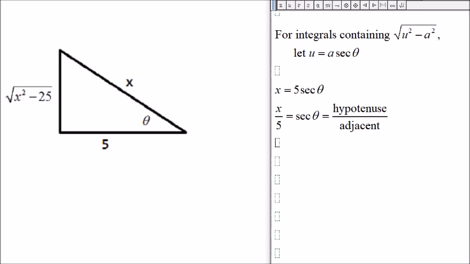Hypotenuse squared is equal to adjacent side squared plus the opposite side squared. So this will be x squared, and then the adjacent side is 5 squared, plus the opposite side squared.